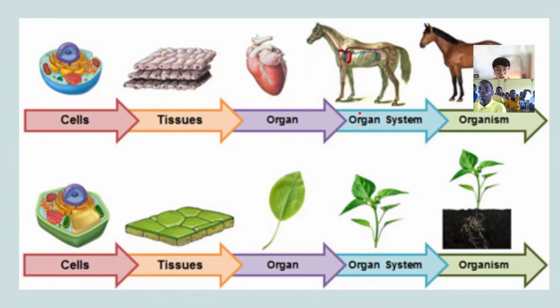A lot of organ systems combined form organisms, and we humans are also organisms. We have a lot of organ systems and organs in our body, but remember that every organ consists of tissues and cells within.